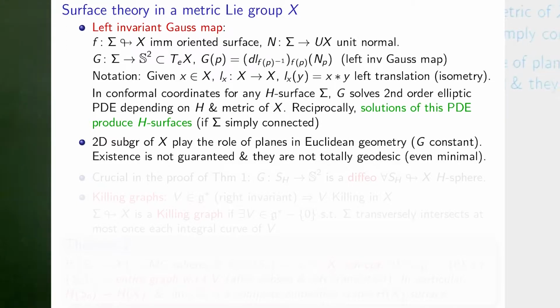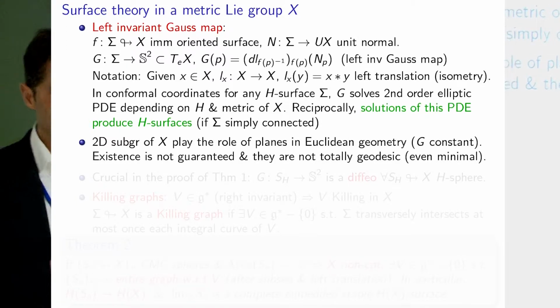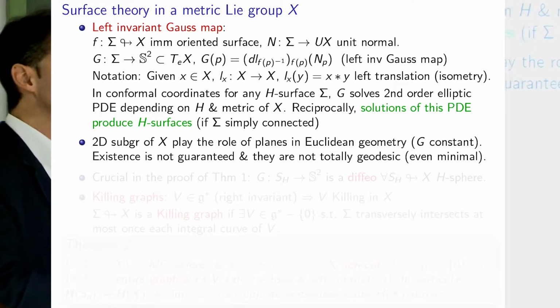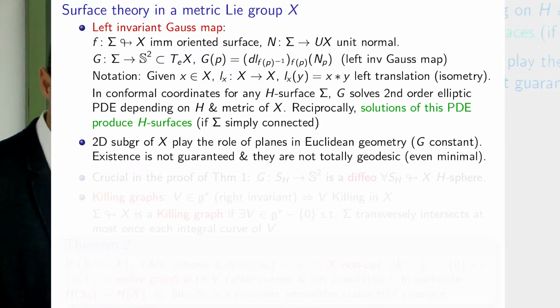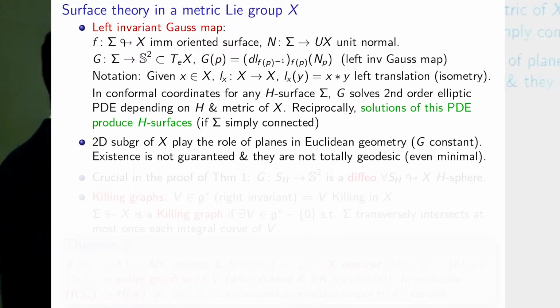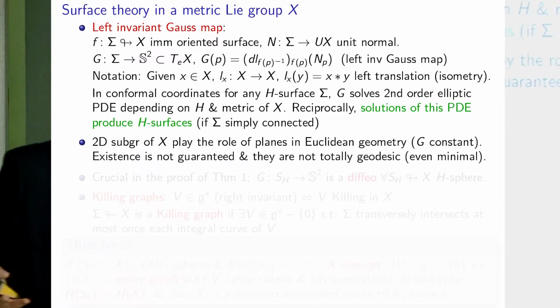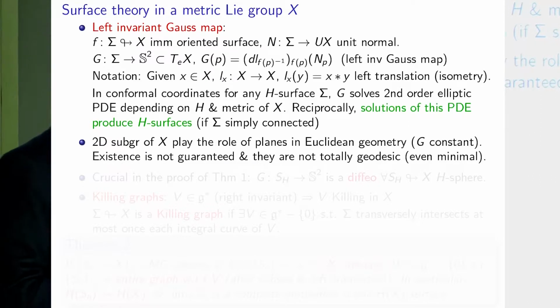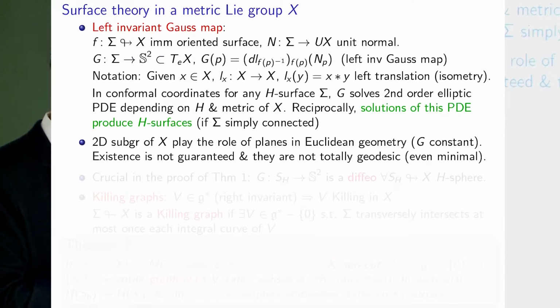Well, the next step is what are the surfaces in my geometry that have constant Gauss maps, which is the counterpart of planes in R3. They are two-dimensional subgroups. The problem in my framework is that maybe you don't have any. For instance, U2 does not have any two-dimensional subgroup, or maybe you have such two-dimensional subgroups, but not for any value of the normal vector.